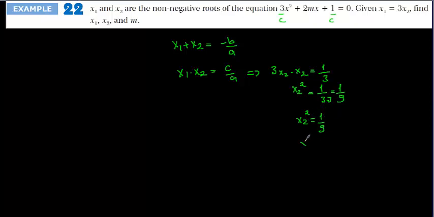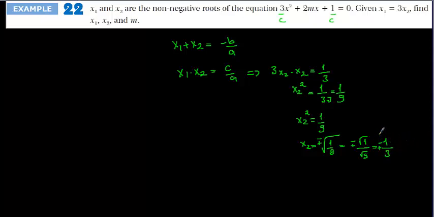If you want to find x2, it's going to be equal to plus and minus 1 over root 9, which is equal to plus and minus 1 over 3.